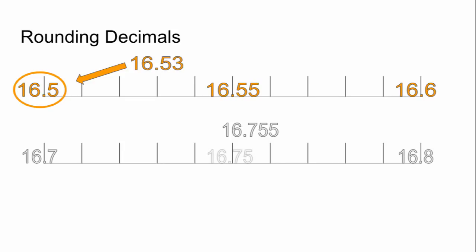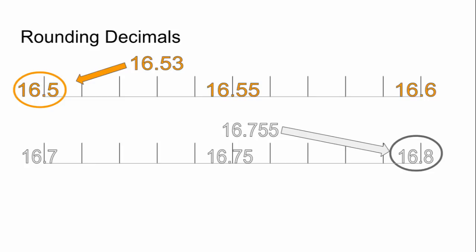And right in the middle is the middle number, which is 16 and 75 hundredths. Well, you can see that our 16 and 755 thousandths is just a little bit past the 16 and 75 hundredths mark, so it's actually closer to 16 and 8 tenths. So we're going to round it up, and our second bracelet is going to be labeled 16 and 8 tenths.